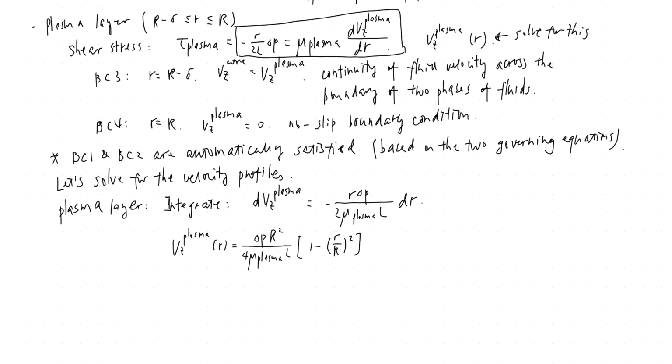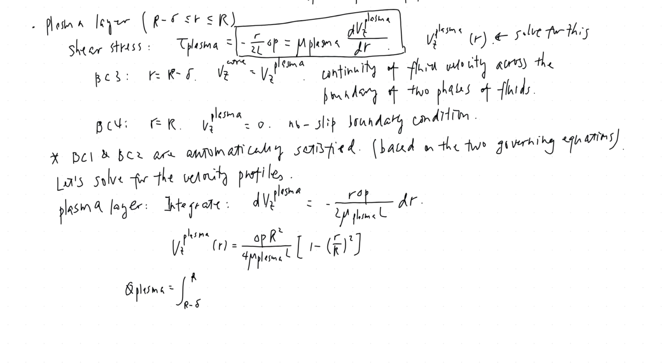And then you can integrate to find the volumetric flow rate within the plasma layer. If you want to find Q plasma, instead of integrating from 0 to R, you integrate from R minus delta to capital R, because this is the region where the plasma exists.